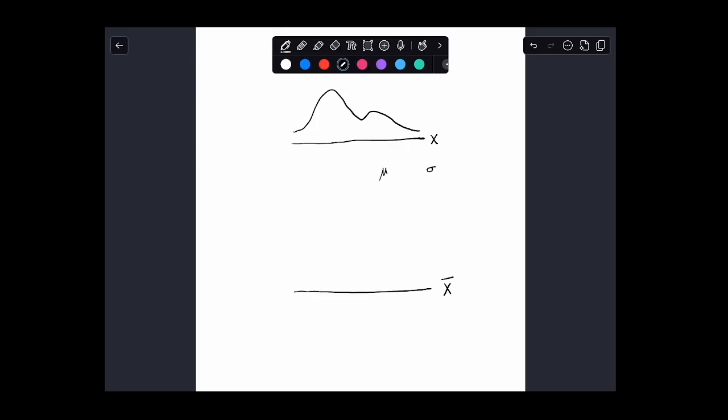And the idea here is, as long as our sample size is big enough, which we'll formalize exactly what that means later, then this is going to look normal. And the mean of this sample mean distribution is going to be equal to the original mean.